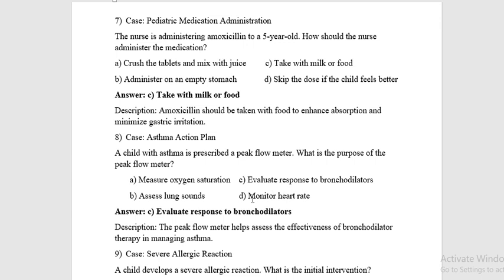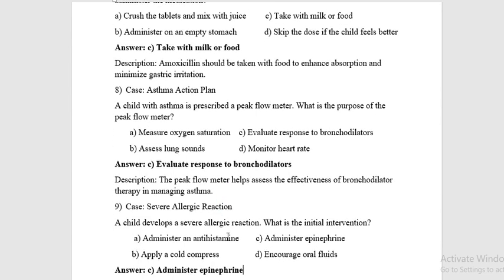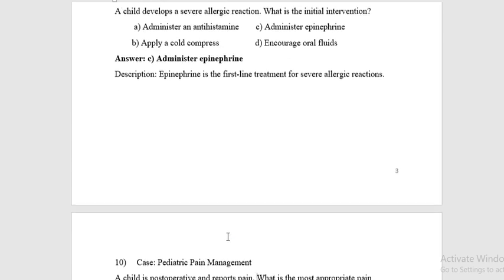Choice D, monitor heart rate. The answer is choice C. The peak flow meter helps us assess the effectiveness of bronchodilator therapy in managing asthma. Question number 9.